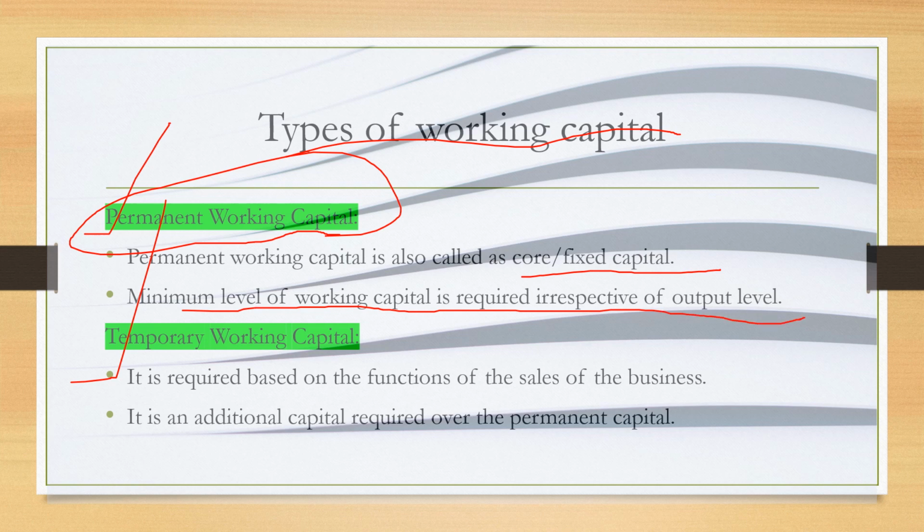Whatever the output level, the business firm or organization is going to maintain a minimum level of working capital. Then, temporary working capital. What is temporary working capital? It is required based on the functions of the sales of a business. It is an additional capital required over the permanent capital.